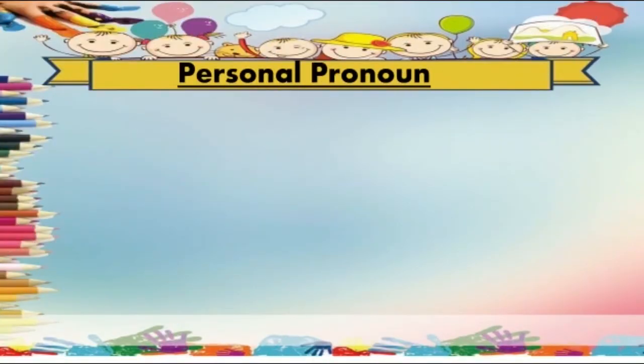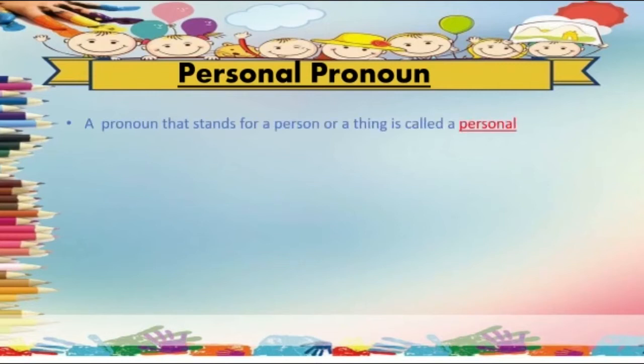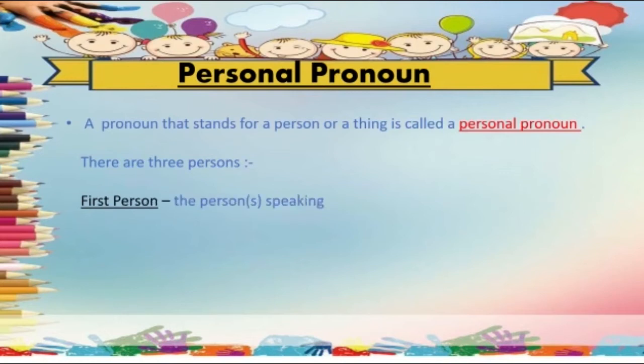Personal pronoun. Now children, let's know what are personal pronouns. A pronoun that stands for a person or a thing is called a personal pronoun. There are three persons. First person, the person or persons speaking.